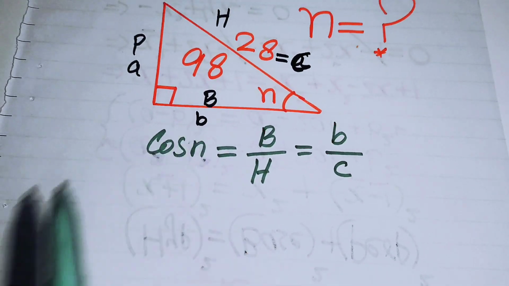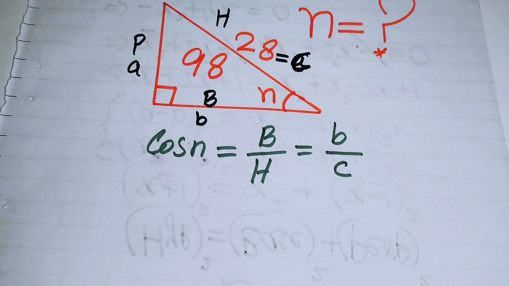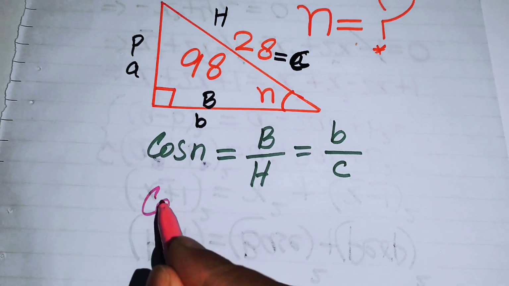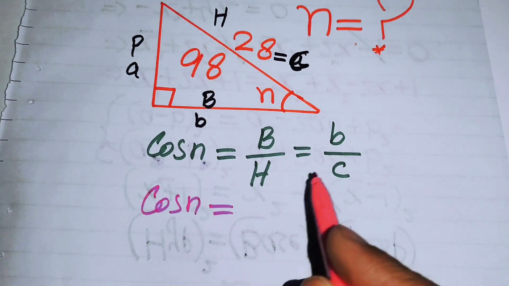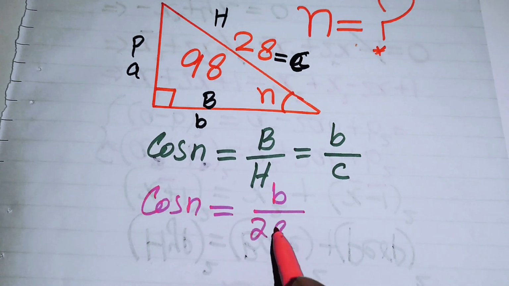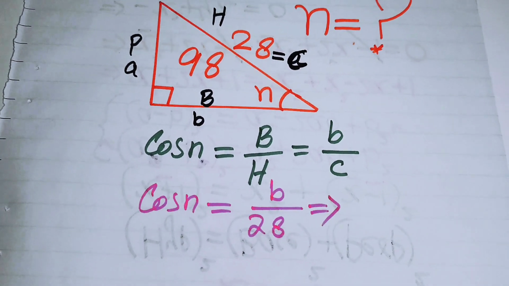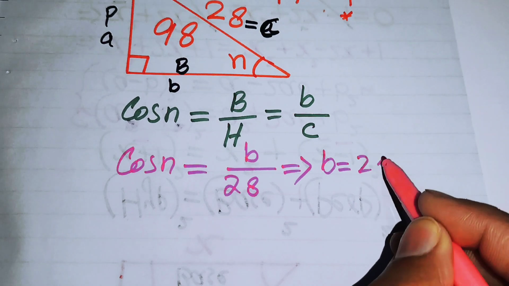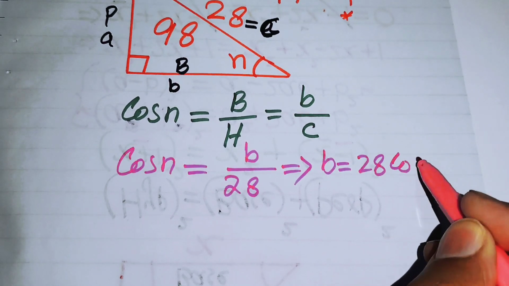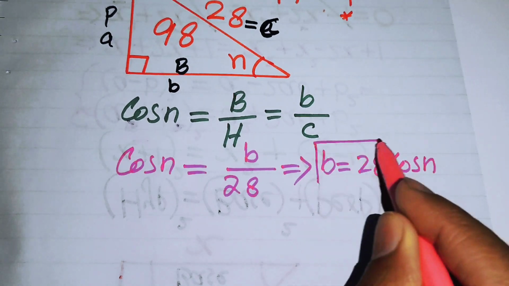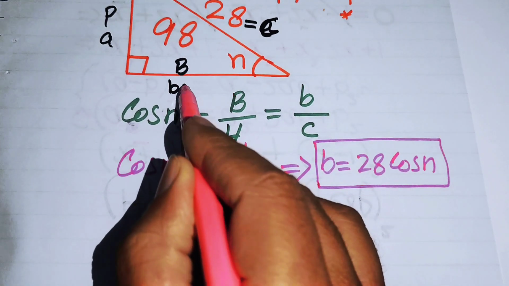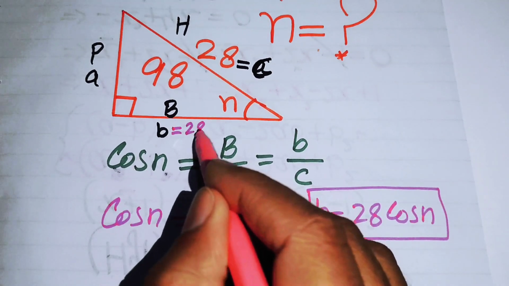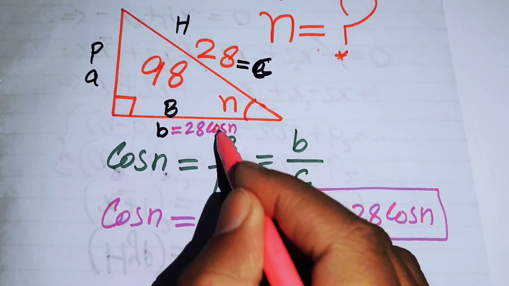In the figure the hypotenuse is 28, so we get cosine of the angle n equals b over 28. This implies that b equals 28 times cosine of the angle n. So now we can assign b as 28 times cosine of the angle n.